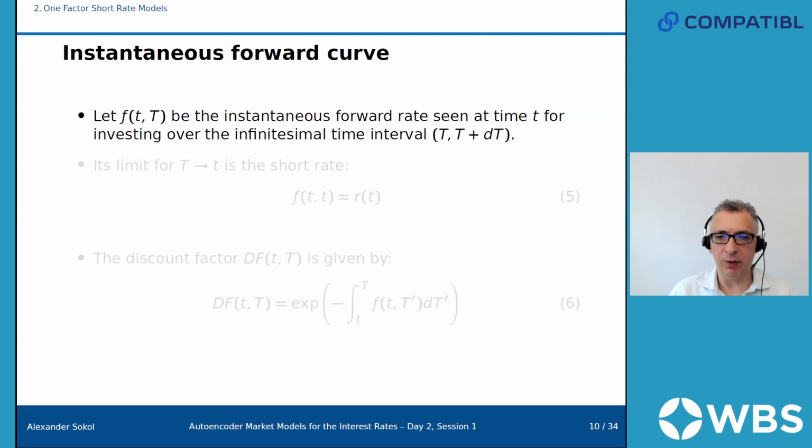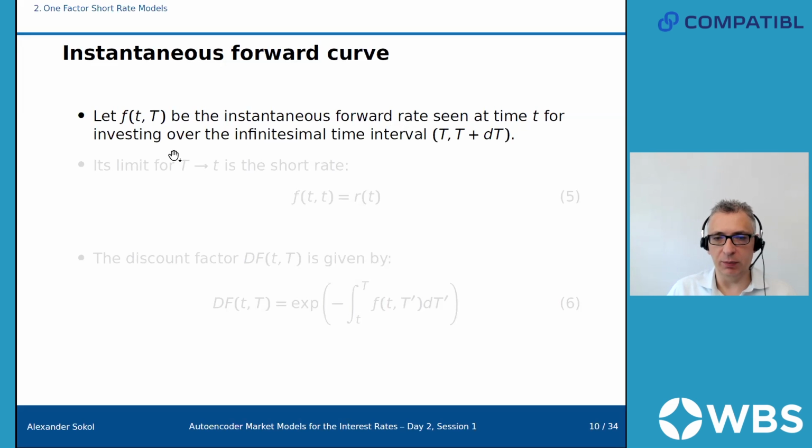So an infinitesimal time period happening immediately after the current point in time. For the instantaneous forward curve, the first argument is when you observe the forward rate. The second argument, T capital, is the start of the investment time period, which has infinitesimal length dt. So it ends an instant of time after that, right? So this is the instantaneous forward rate.